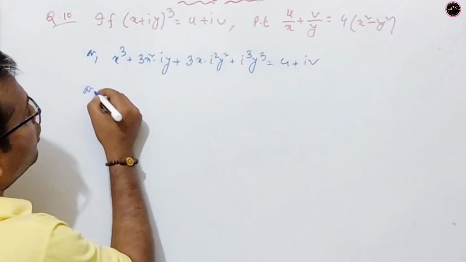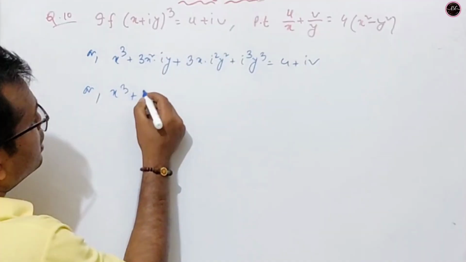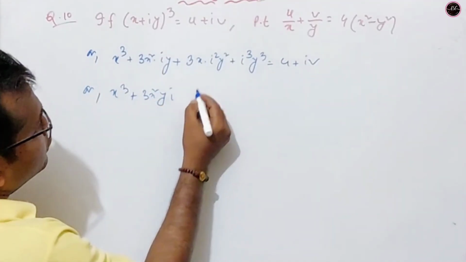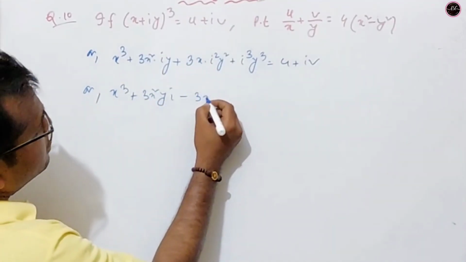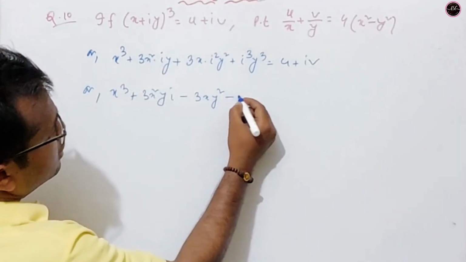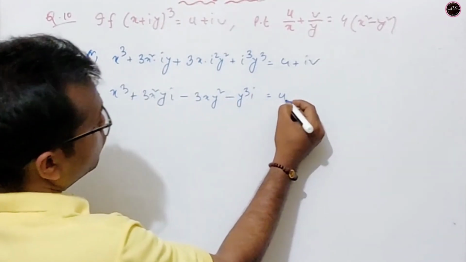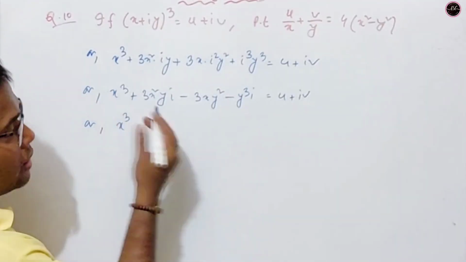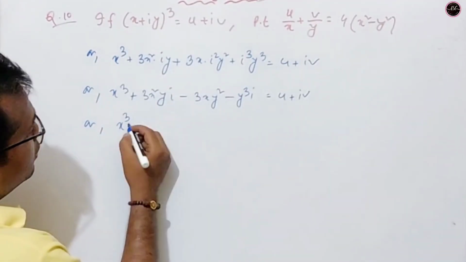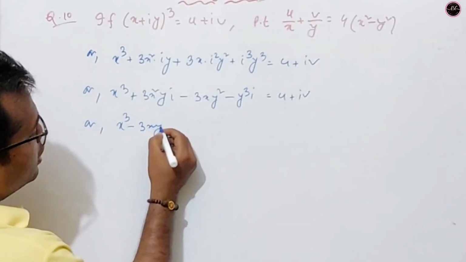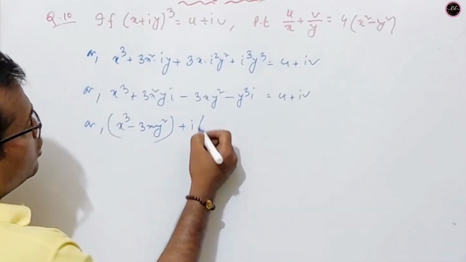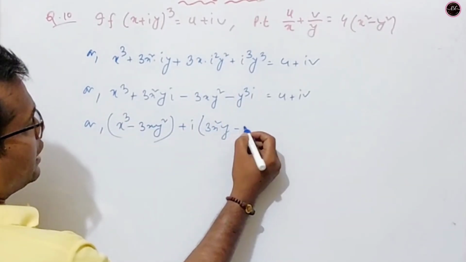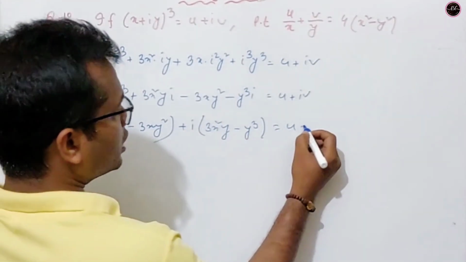Or x cube plus 3x square yi, with i square equal to minus 1, that means minus 3x y square, and minus y cube i equal to u plus iv. Or segregating the real part and imaginary part, we get x cube minus 3x y square plus i into 3x square y minus y cube equal to u plus iv.